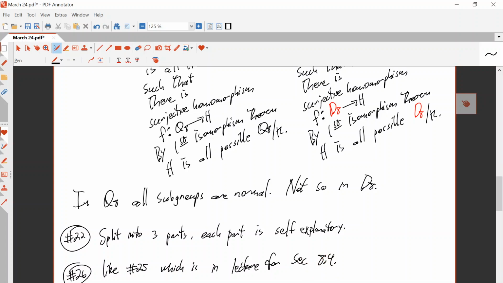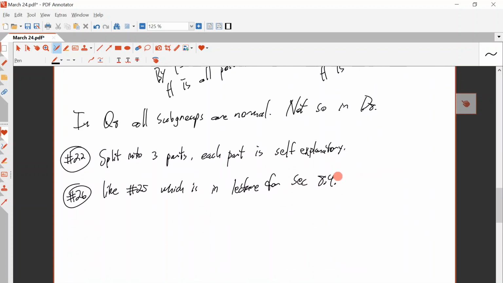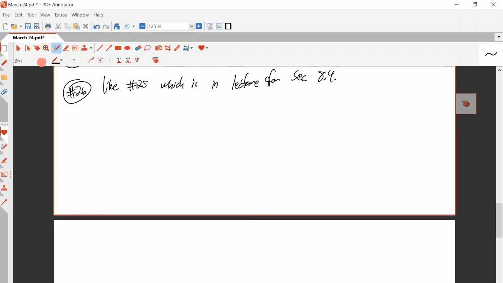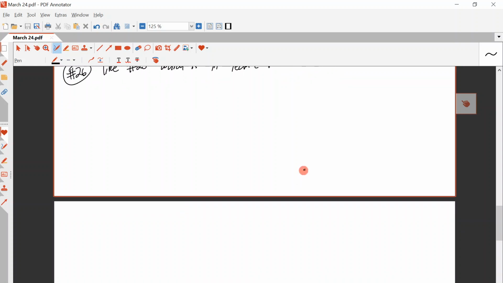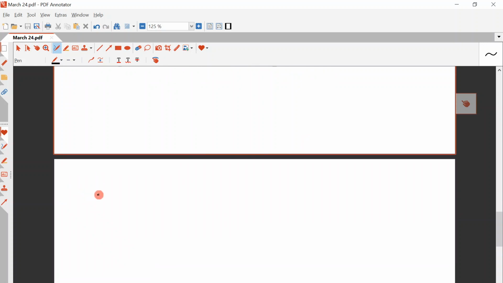Okay, all right. So just some comments there on section 8.4. And then the last thing in section 8.4 I want to talk about is number 33.